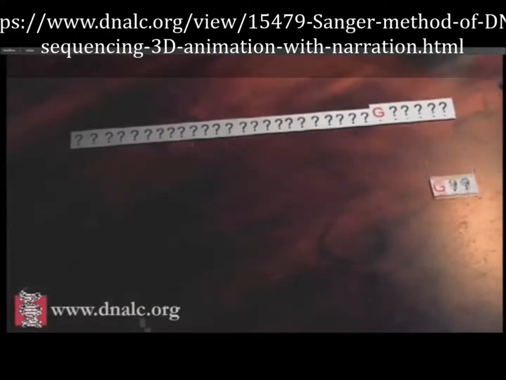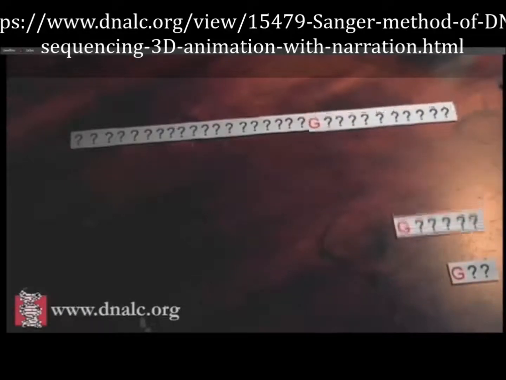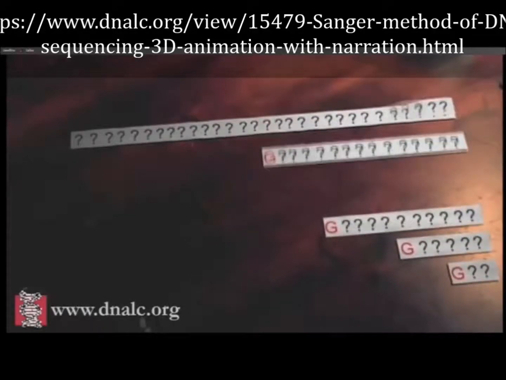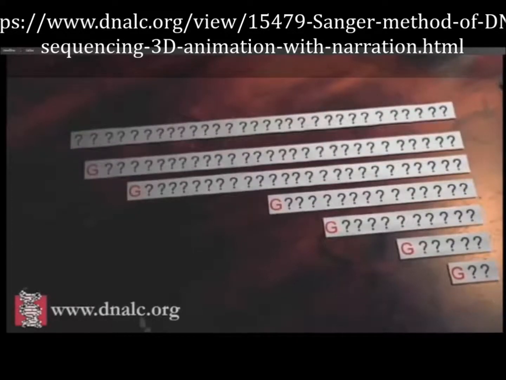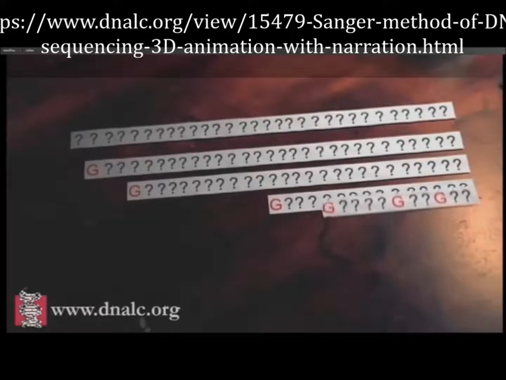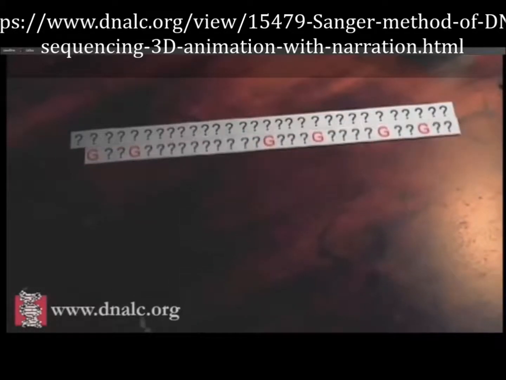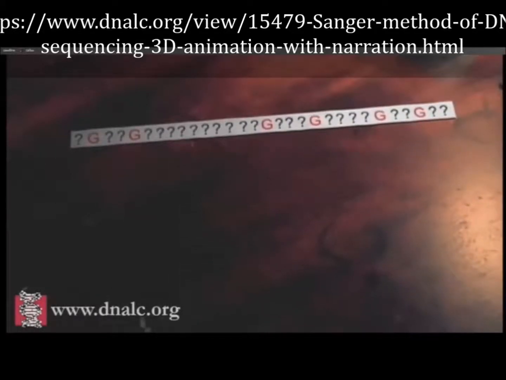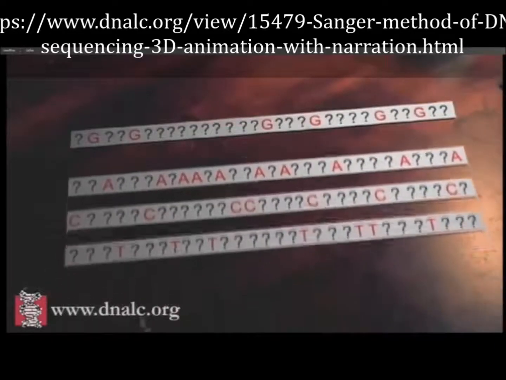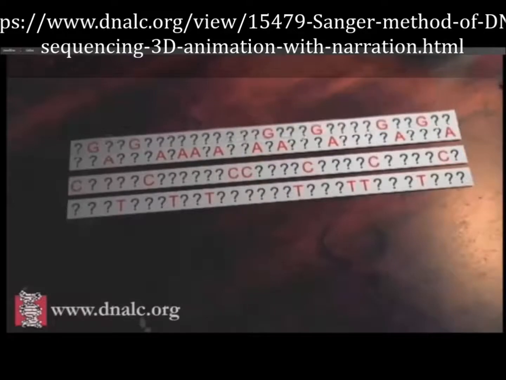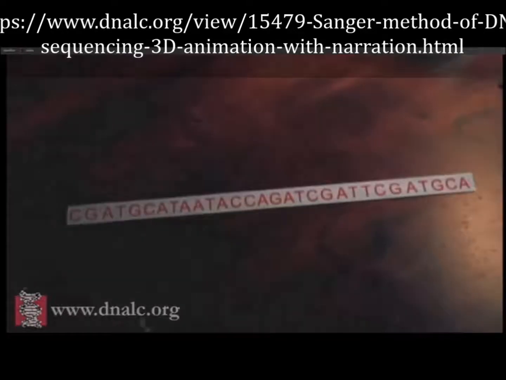These altered bases cause the copying process to stop each time one particular letter is incorporated into the growing DNA chain. This process is carried out for all four bases, and then the fragments are put together like a jigsaw to reveal the sequence of the original piece of DNA.